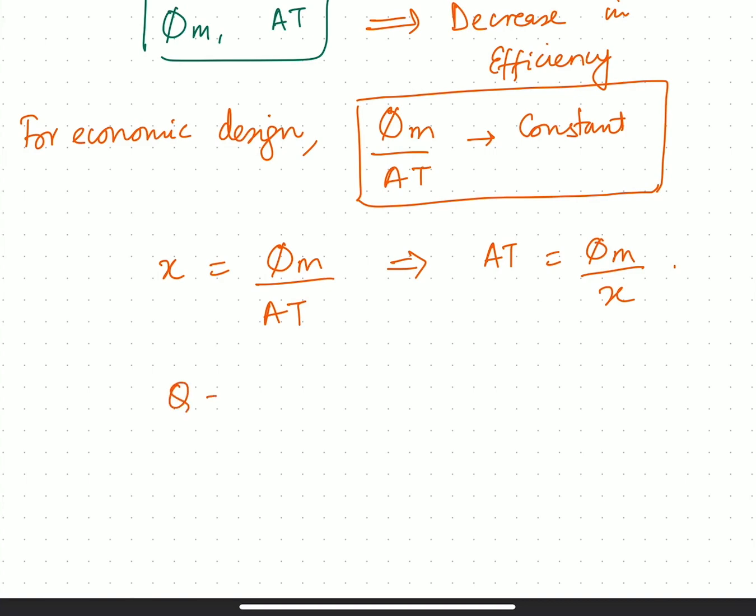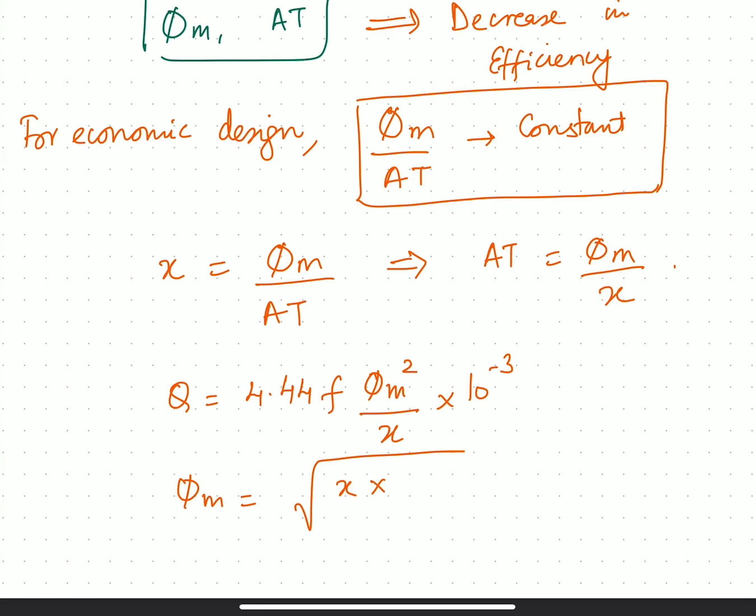We get Q is equal to 4.44 F phi m square by X into 10 to the power minus 3, and phi m is then written as square root of X into 10 to the power 3 divided by 4.44 F into square root of Q. Okay, so this phi m is the square root of X into 10 to the power 3 divided by 4.44 F times square root of Q.